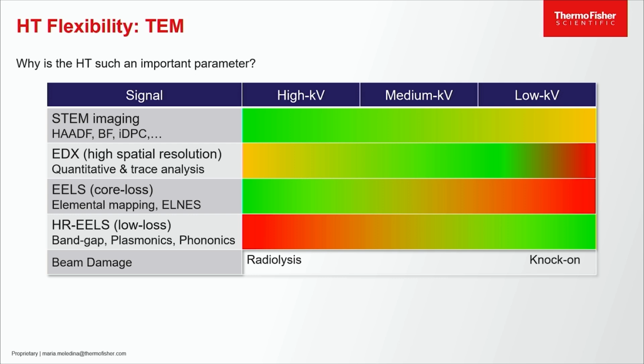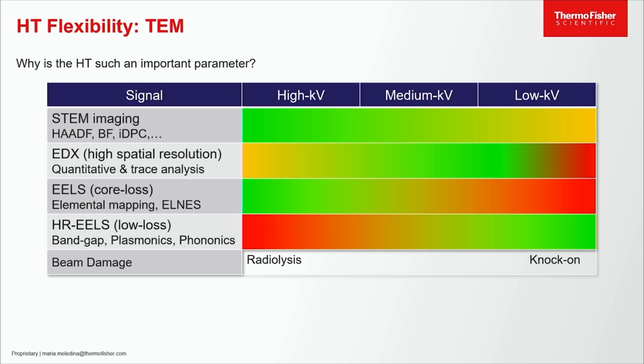If you are doing imaging, you in general want to be at high HT to achieve the best resolution. If you are running EDX, you want to be in the medium range of HTs. EELS is a funny one, because for core loss you usually want to stay at high HTs, and for low loss, for band gaps, plasmonics, or photonics, you usually want to go low to get the best resolution.